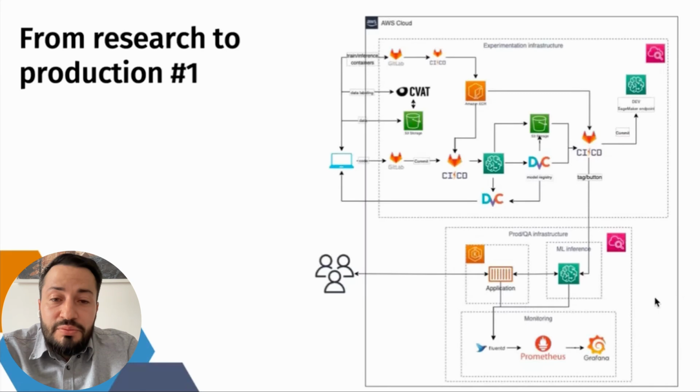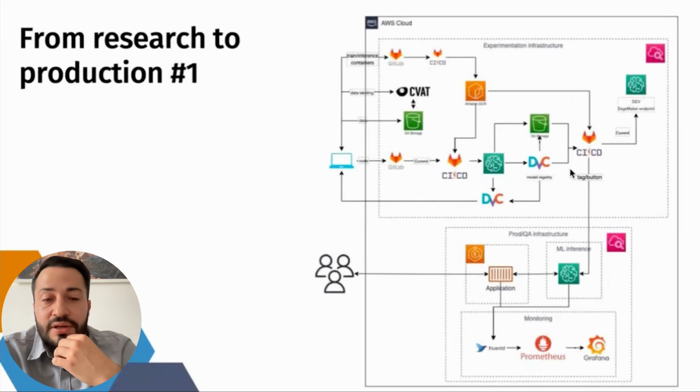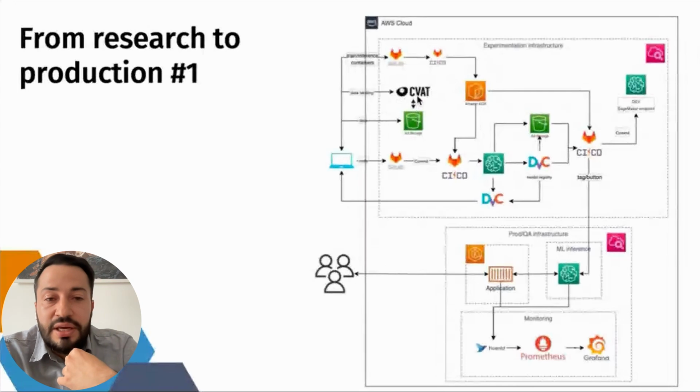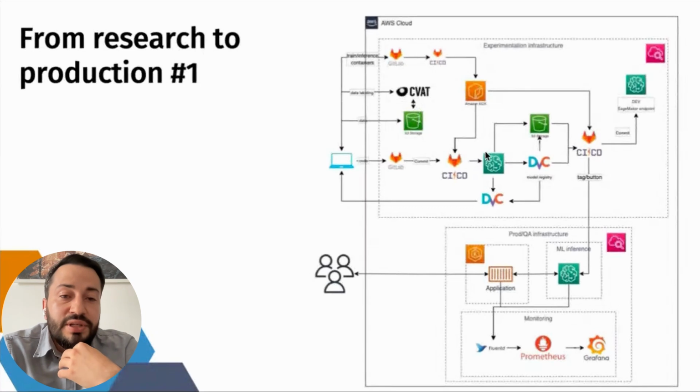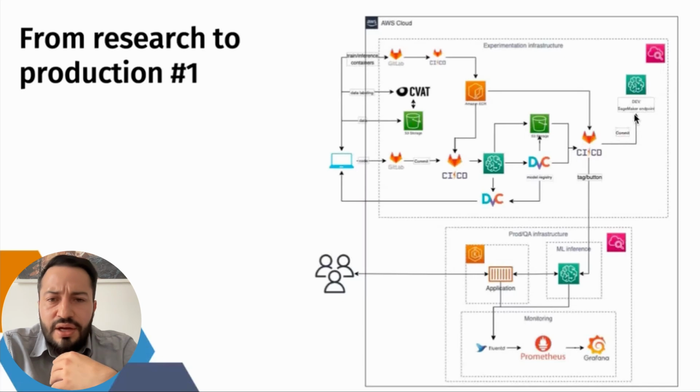For the monitoring process, I use Fluentd, Prometheus and Grafana. As a result, we have a quite basic pipeline: we label the data, keep it in cloud storage, then train the model based on these images. Then we have a separate pipeline for the QA environment, and we monitor it using these services.